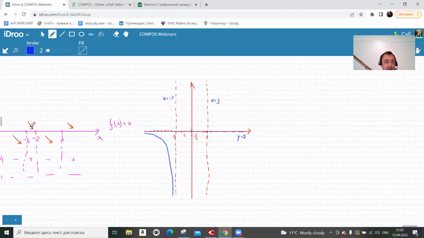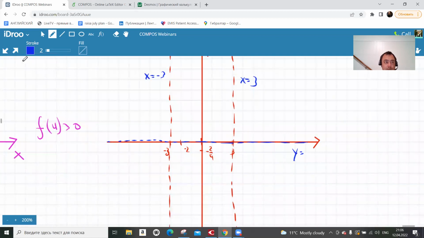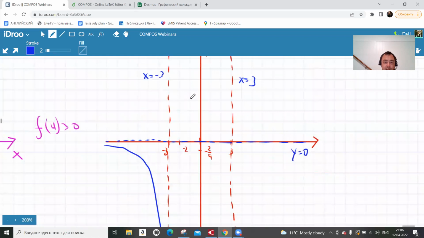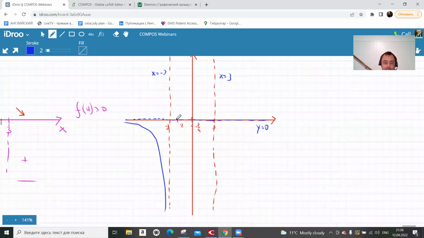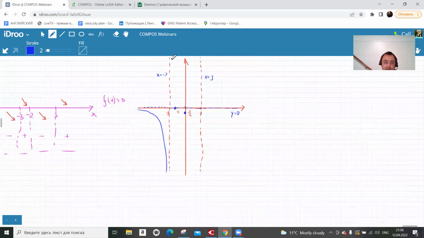Negative and decreasing. So it's positive and decreasing up to -2. So it's going to be like this. It has a 0 at this point. So we can already see that it goes something like this.